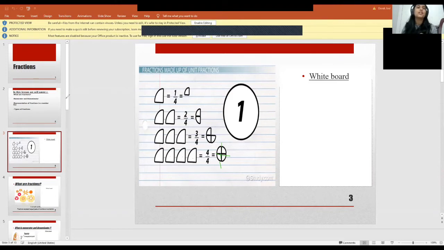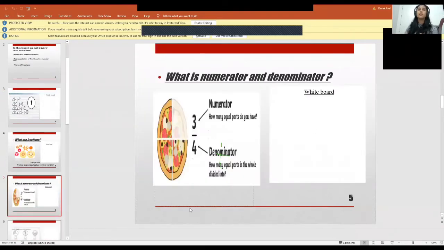Now let's see what numerator and denominator are. Like we took an example in the previous slide, you have a roti or chapati. Now I'll explain how you can represent a fraction.